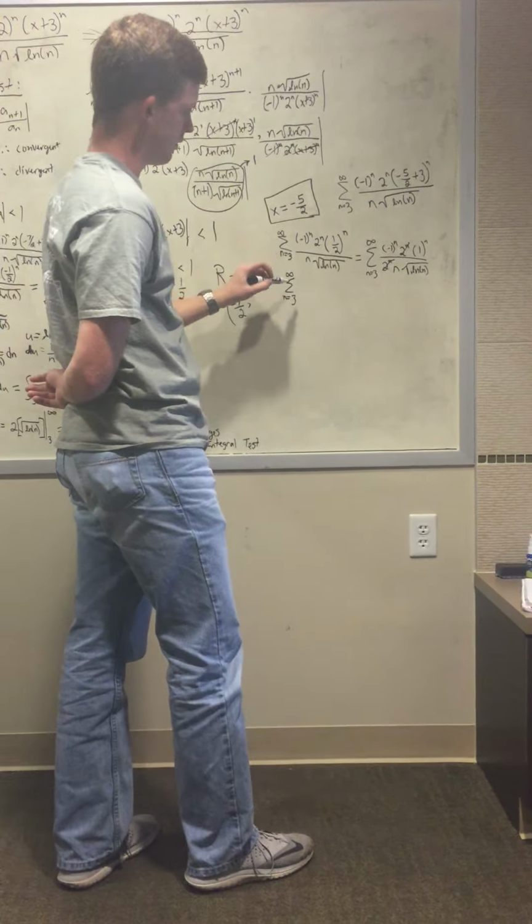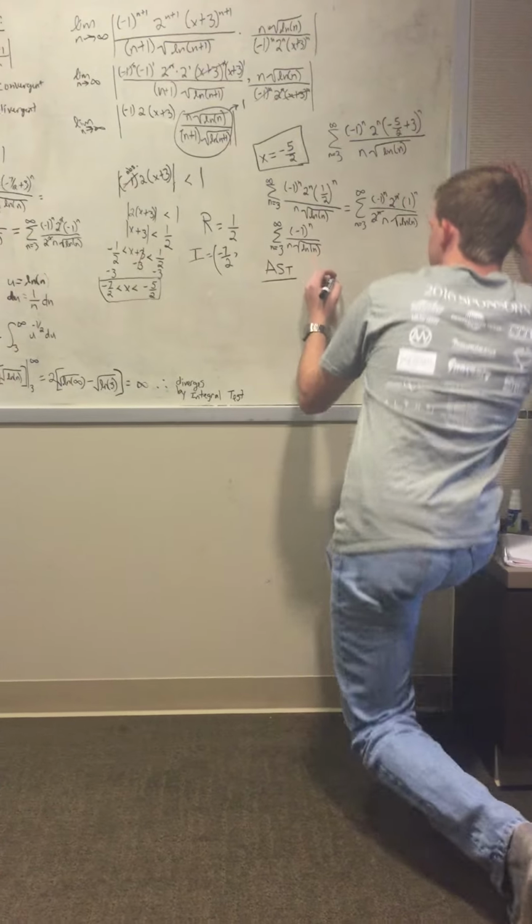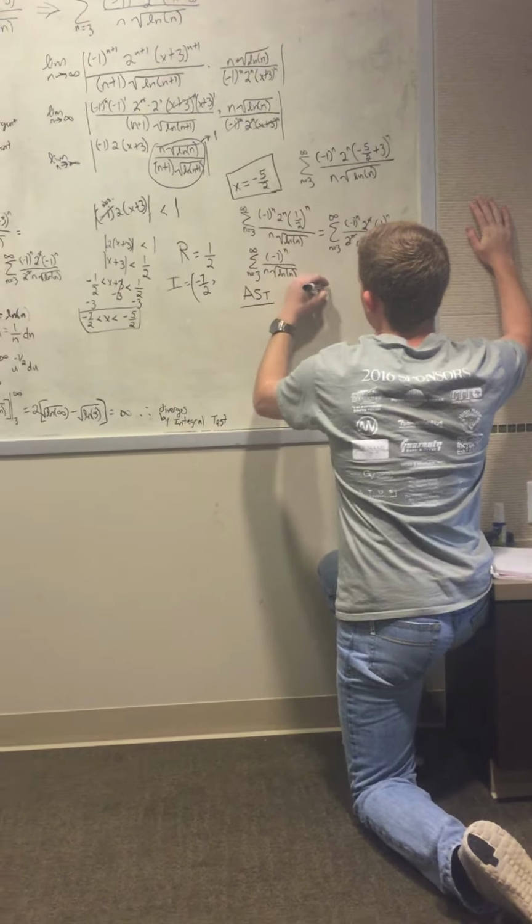You can tell this is an alternating series, so we use the alternating series test. With our a sub n defined as the absolute value of this, it'll be 1 over n square root natural log of n.